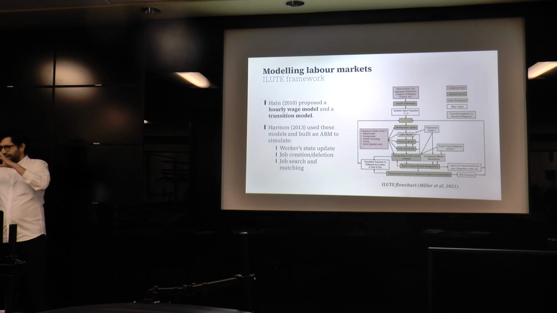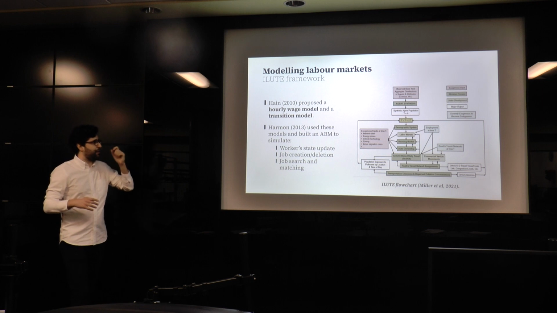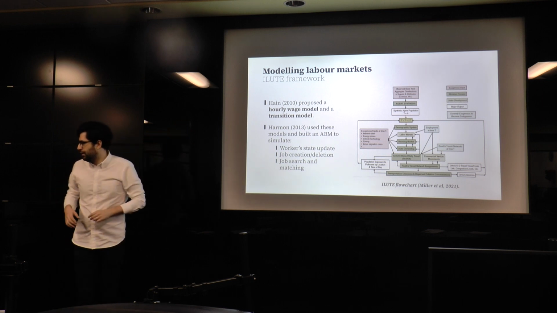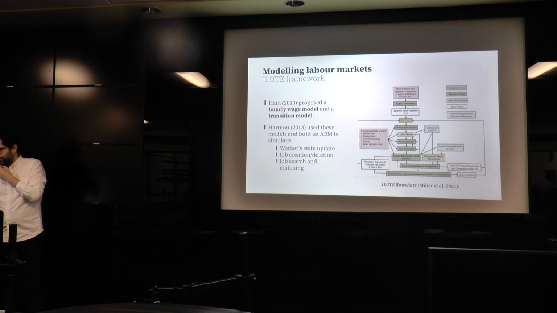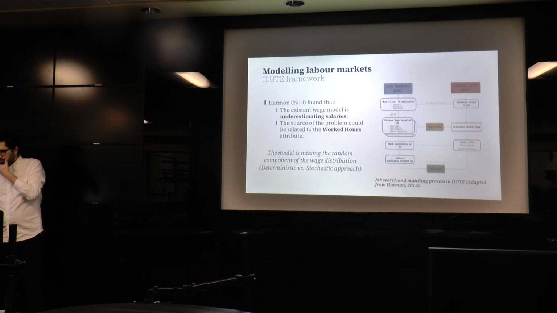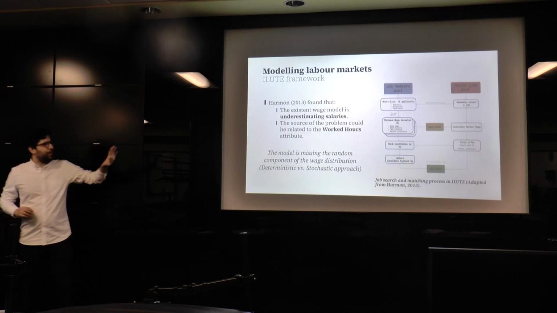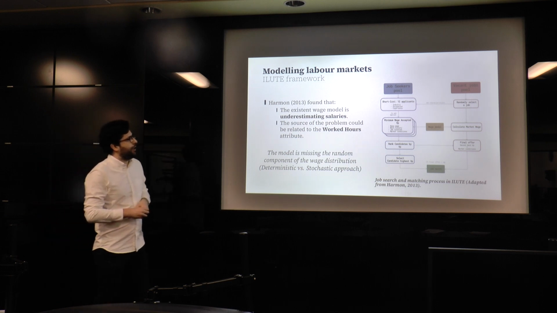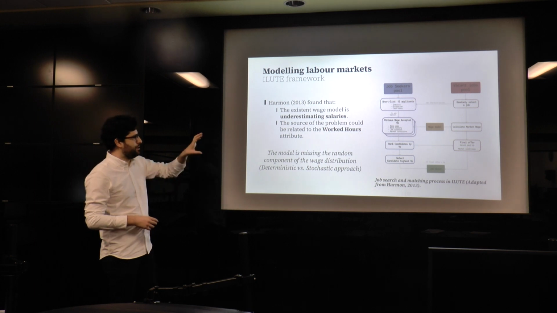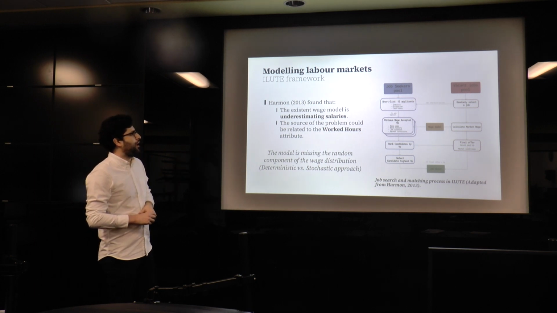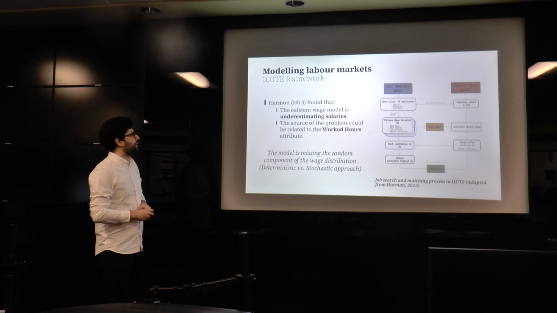Here we can see the labor market, how it sits within the UT framework, and all the feedback loops that we have within those models. So here we can see in more detail how the job search and matching process works, and we can see that the wage model is a core element of that process.